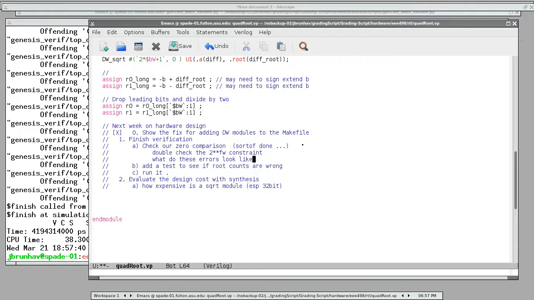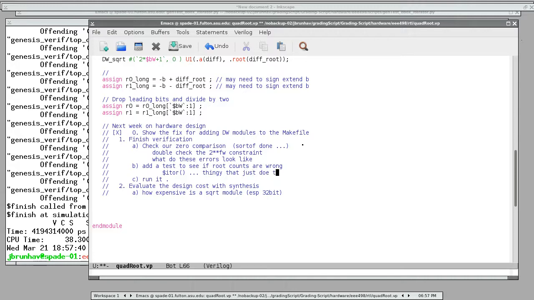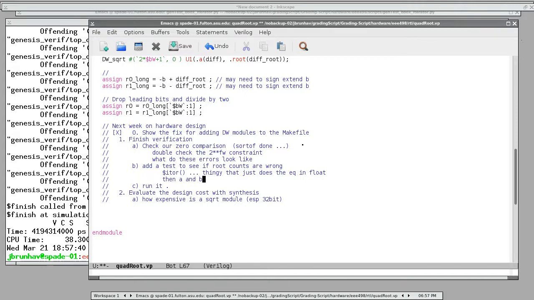Yeah, and then we need to add a test to see if the root counts are wrong. And I suspect the way that we're going to do this is like a $I2R thingy that just does the equation. Q and float. Then R0 and R1 should be, you know, within 1/256th of that answer.